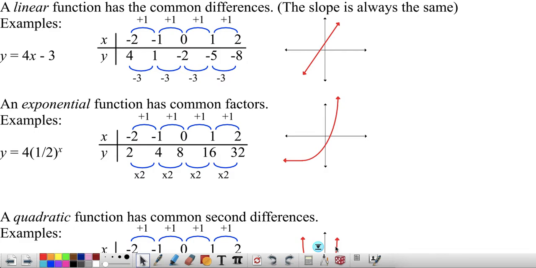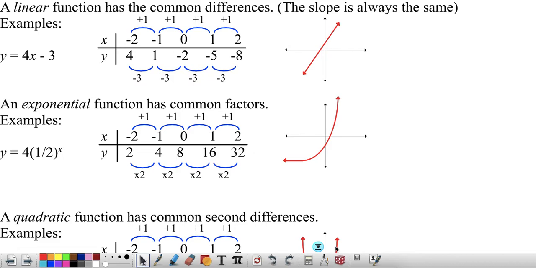Let's move on. An exponential function has common factors. So in the equation, notice that my exponent is where the variable sits. That's a big tip-off that we have an exponential function. And in that, as I increase my x's by 1 each time, I'm repeatedly multiplying by a half.